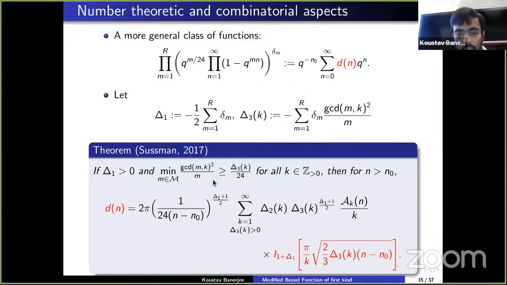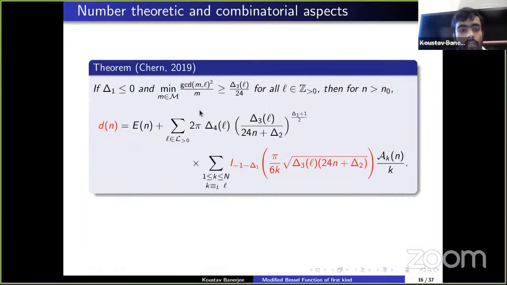And with this condition, dn is given by this infinite expression, where this script akn I have not yet defined, and this I of 1 plus delta 1. So delta 1 is positive. That means I of 1 plus delta 1, this Bessel function, will be of the form either integral order or half integral order, of course positive. And script akn is like exponential sums.